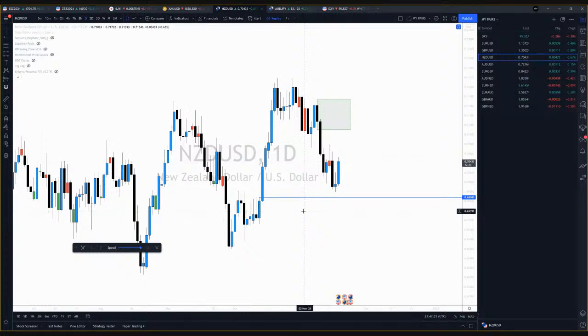On all time frames, if you start applying what I'm showing you here, you will not have a problem with directional bias, because once you see it, you cannot unsee it.